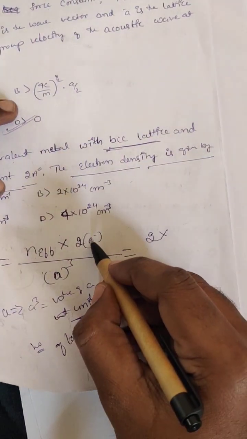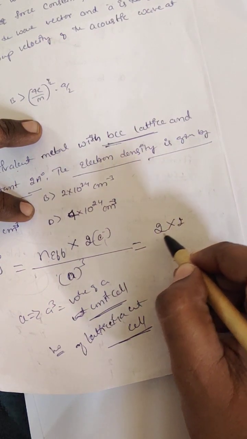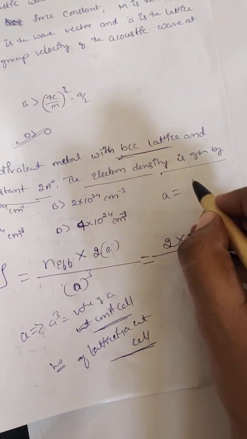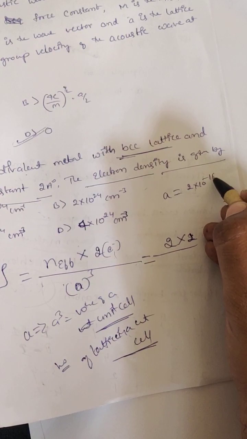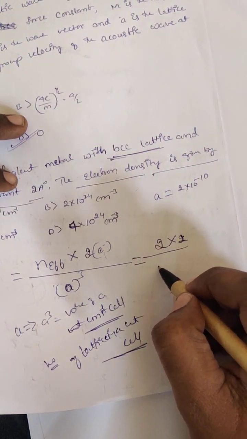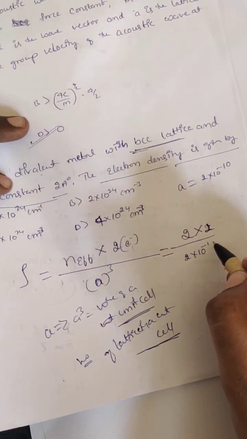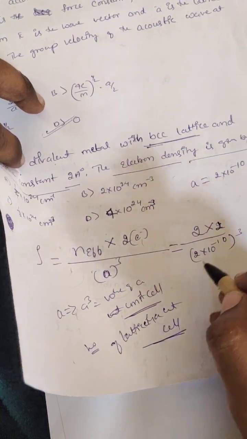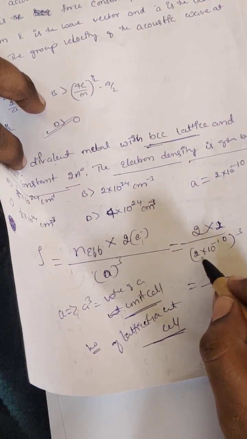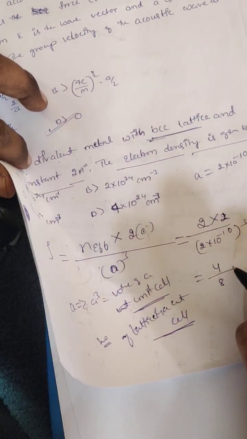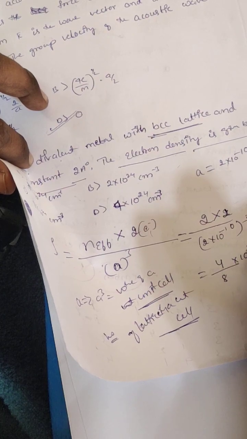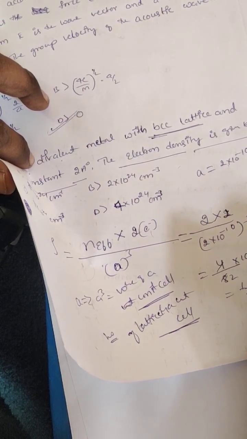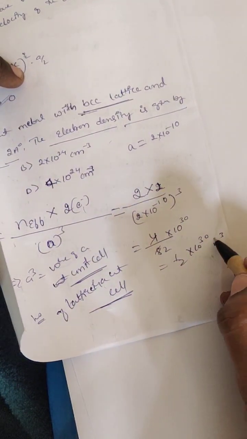Next, number of electrons per atom is 2 divided by a cube. The lattice constant a is given, so that is 2 into 10 to the power of minus 10, whole cube. So 2 to the 3 is 8, into 10 to the power of minus 30, giving 1 by 4 into 10 to the power of 30 per meter cube.